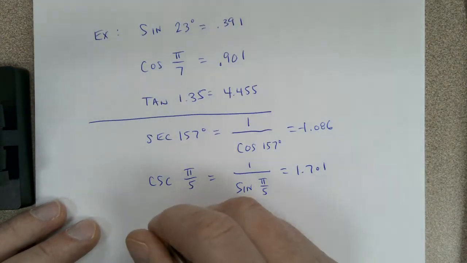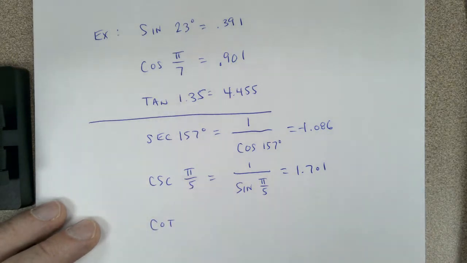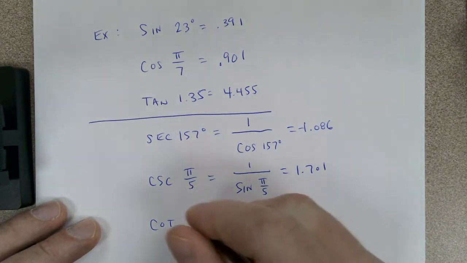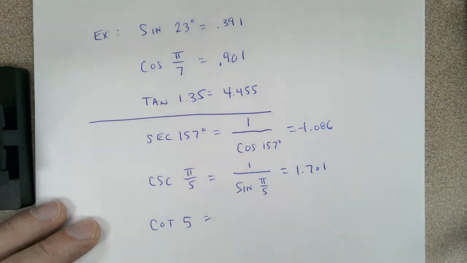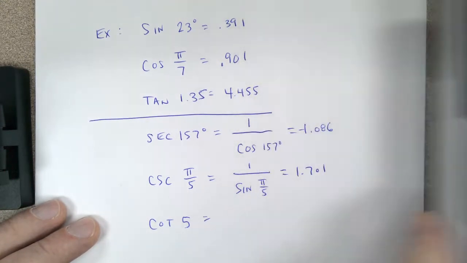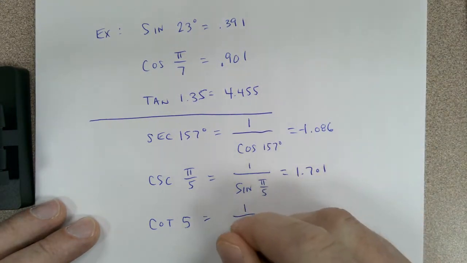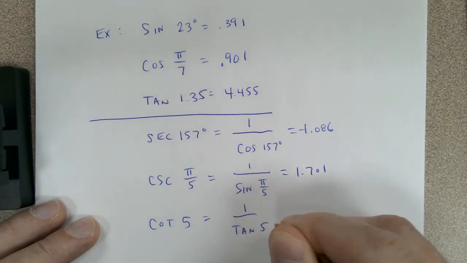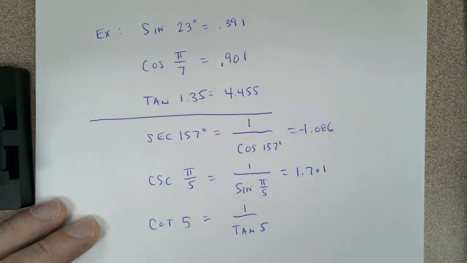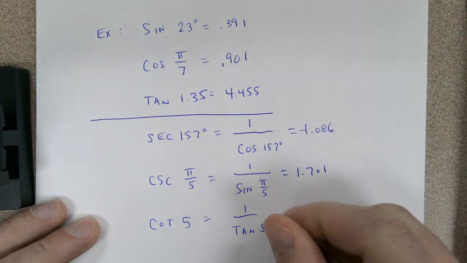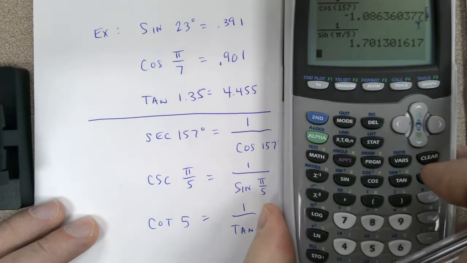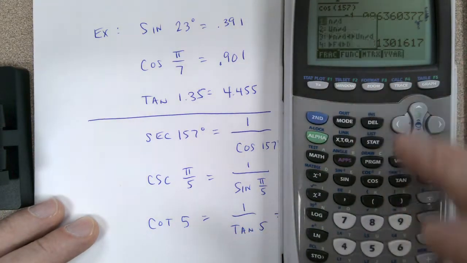And then let's do one with cotangent. Let's say cotangent of, let's say, 5. It's still in radian mode. So we know cotangent's 1 over the tangent of 5. Again, we're saying that's still in radians. So I'm going to put my fraction in there again.